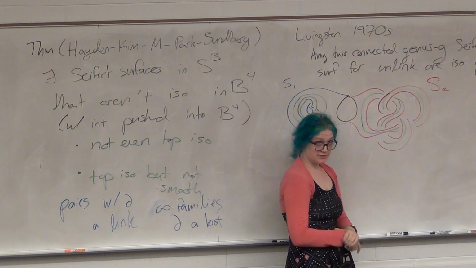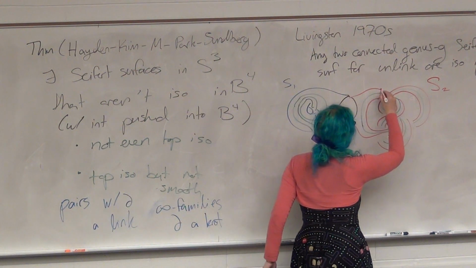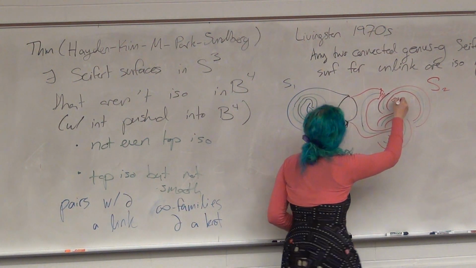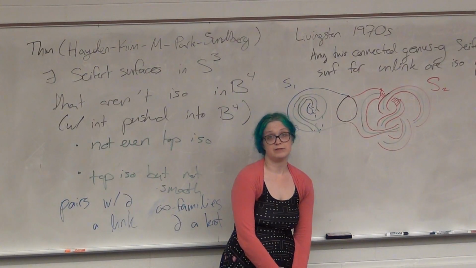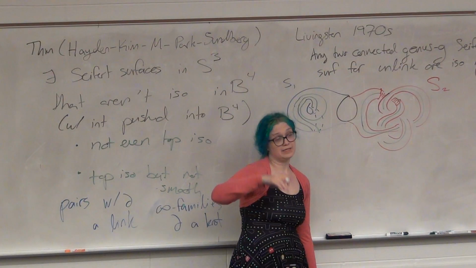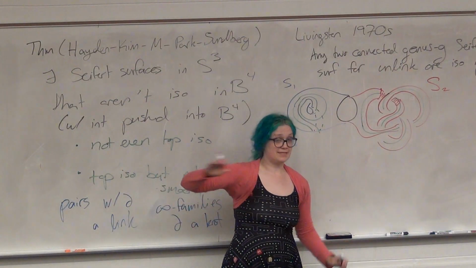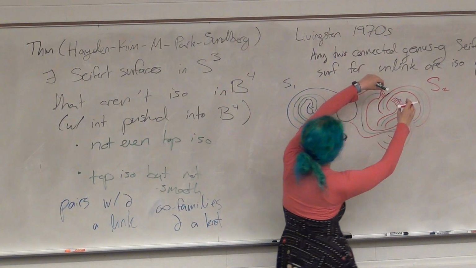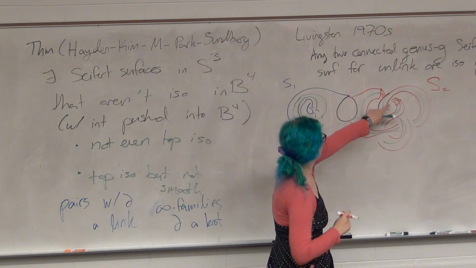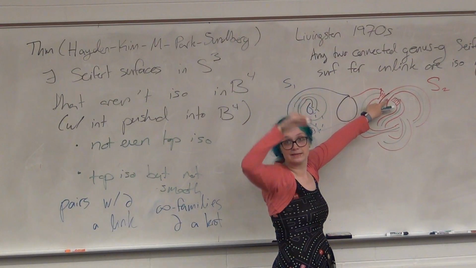Well, now that I have a fourth dimension of freedom, I'm going to take this back strand, this tube that's behind the other inside of this red torus. I'm going to push it really deep in the fourth dimension. And now that it's somewhere deep in the fourth dimension, in 3-space, it's okay to pull it forward. Because it won't actually cross through this, because they're in different cross sections of the fourth axis.